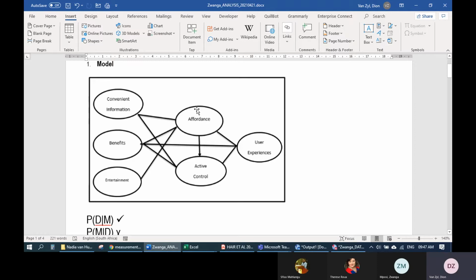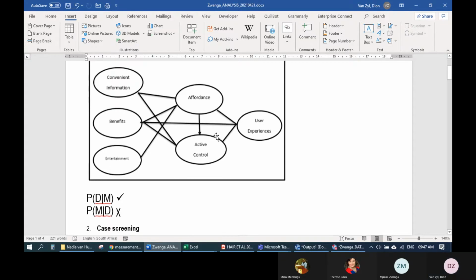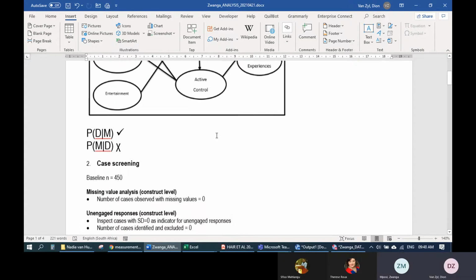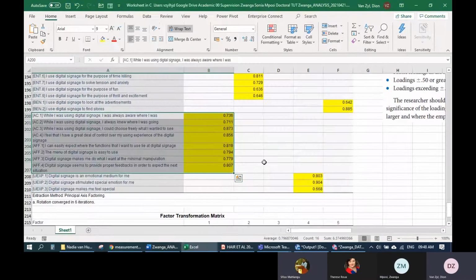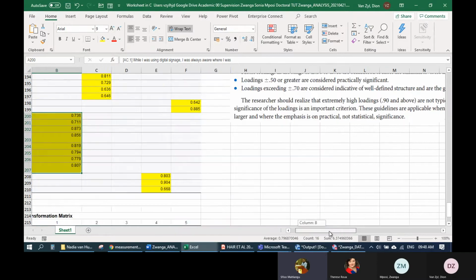So you will have to come up with a new operational definition where we combine affordance and active control. Does it make sense, Zwanga? Yes, yes. All right. I think you acknowledged it the last time when we spoke about it. Yes, as well as if you look at the theory, uses and gratifications, it's already just gratifications that are emerging there.